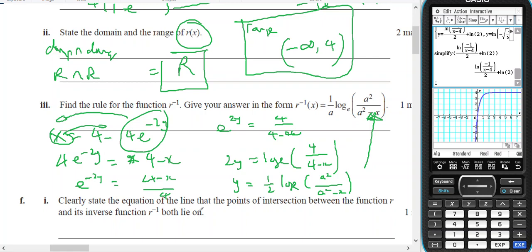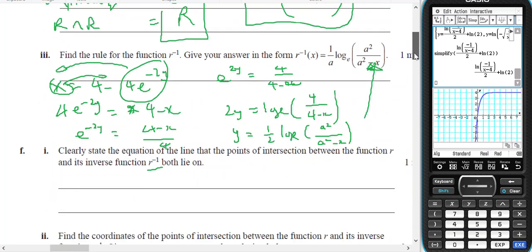Clearly state the equation of the line the points of intersection between the function and its inverse lie on. Well, it's going to lie on the line of y equals x, because the function and its inverse always intersect on the line of y equals x.